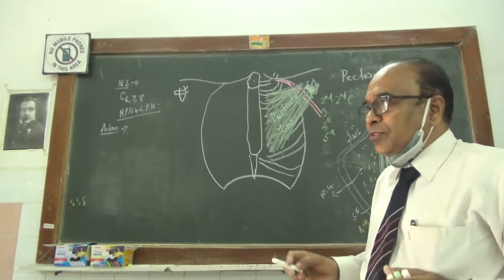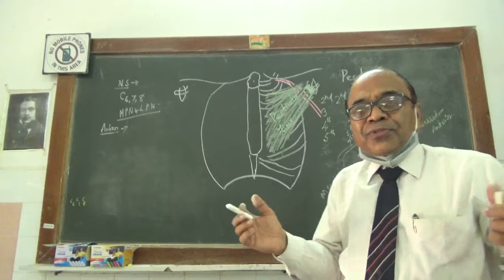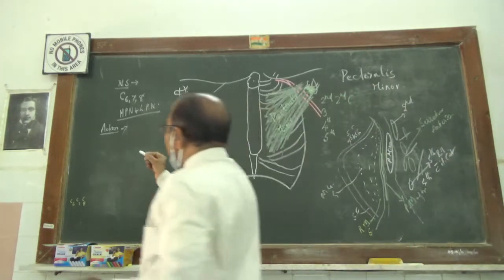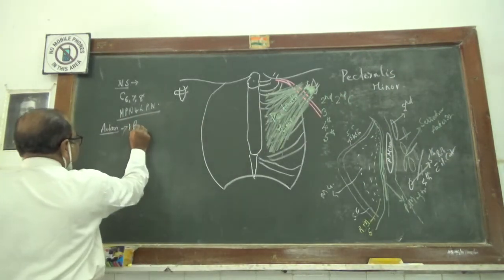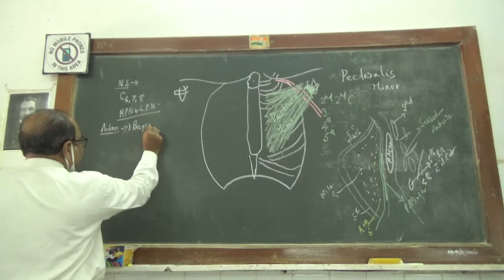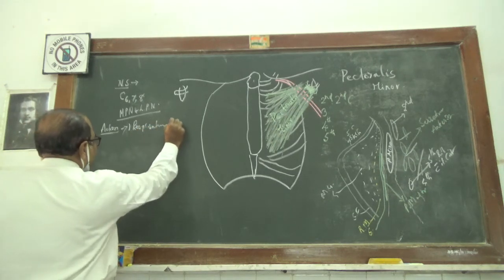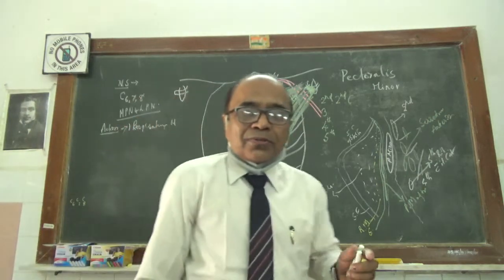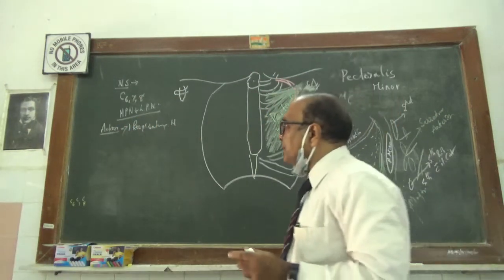As the ribs and the costal cartilage are moving, it comes into action of respiration. It is a respiratory muscle, either expiratory or inspiratory.